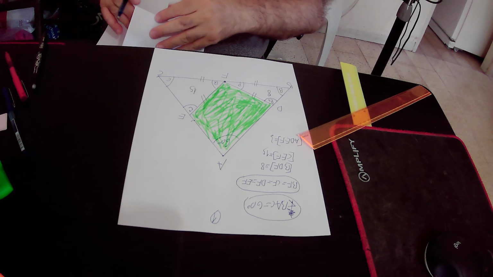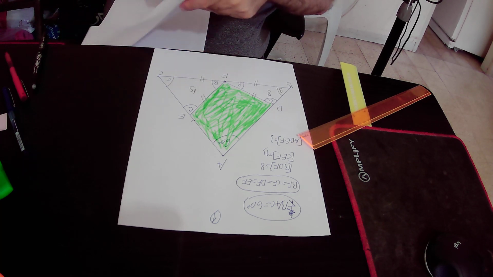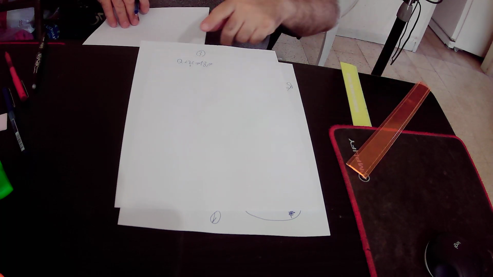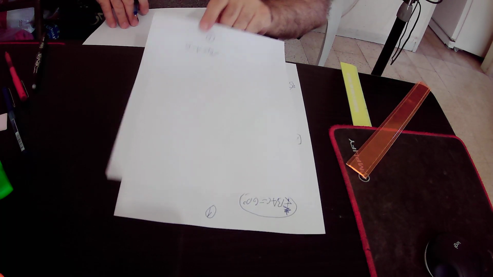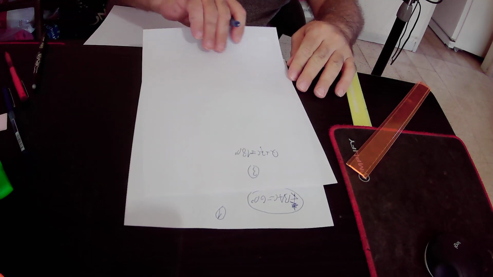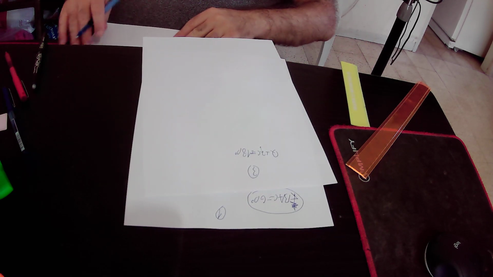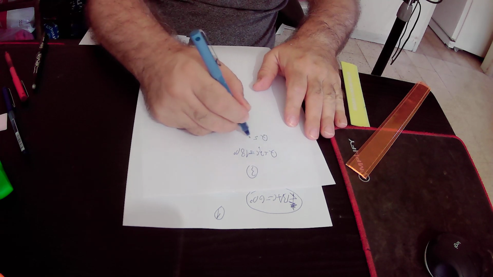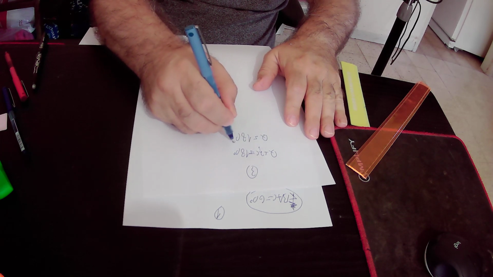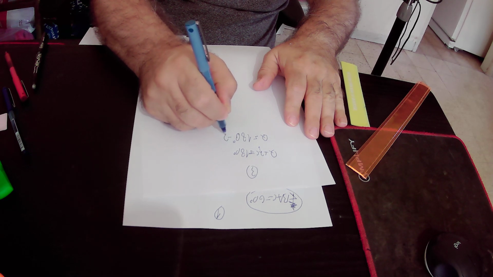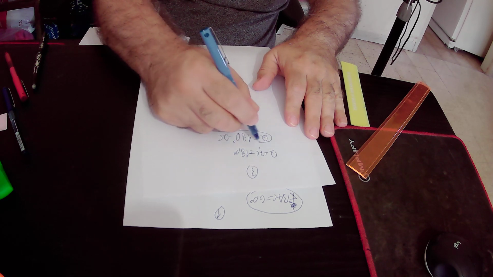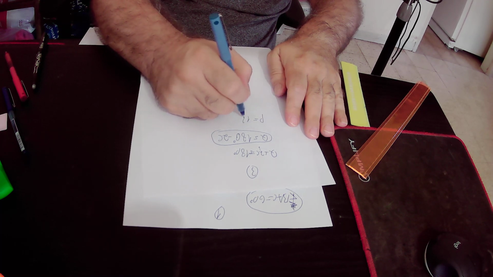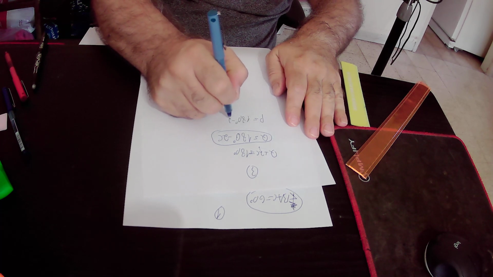So from this equality we will subtract 2C, and we will get that angle Q equals 180 degrees minus 2C, and we also found out that angle P equals 180 degrees minus 2B.